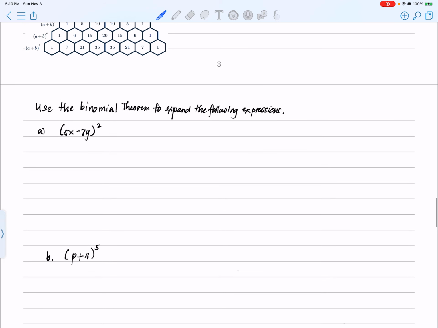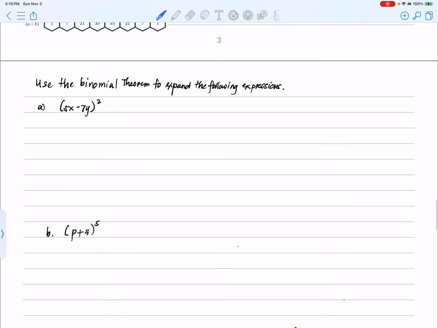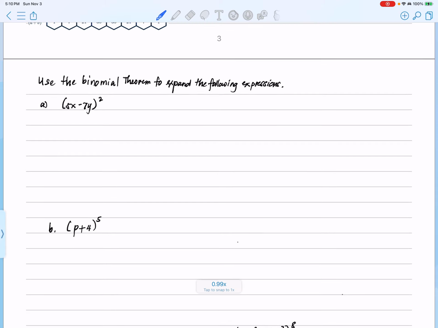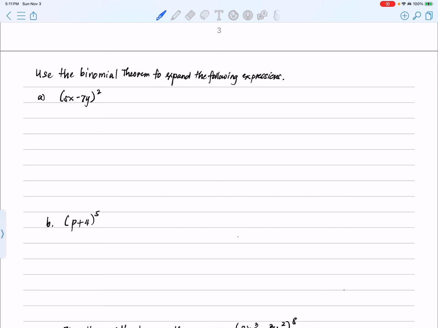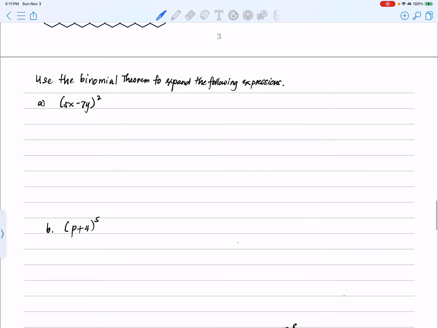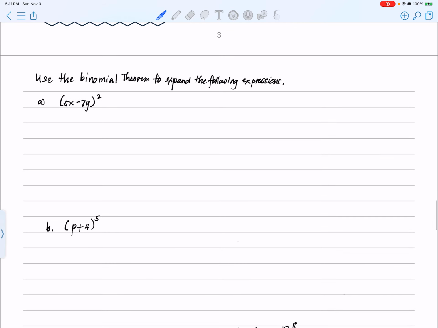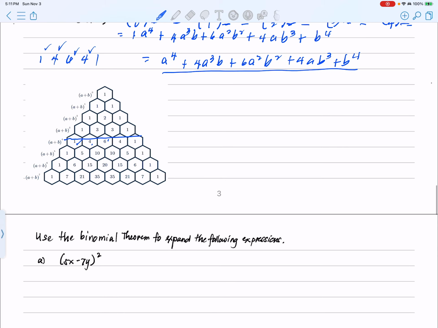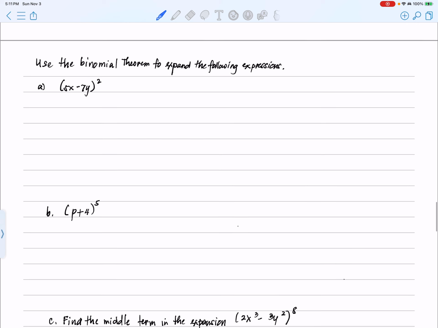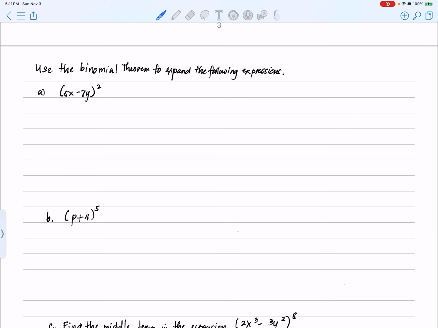Use the binomial theorem to expand the following expression. First of all, you have to identify your first term. Let's do it in the fast way, not in the long way using the factorial combination formula. We can use the binomial theorem, but I want to do it in the fastest way, using Pascal's triangle.